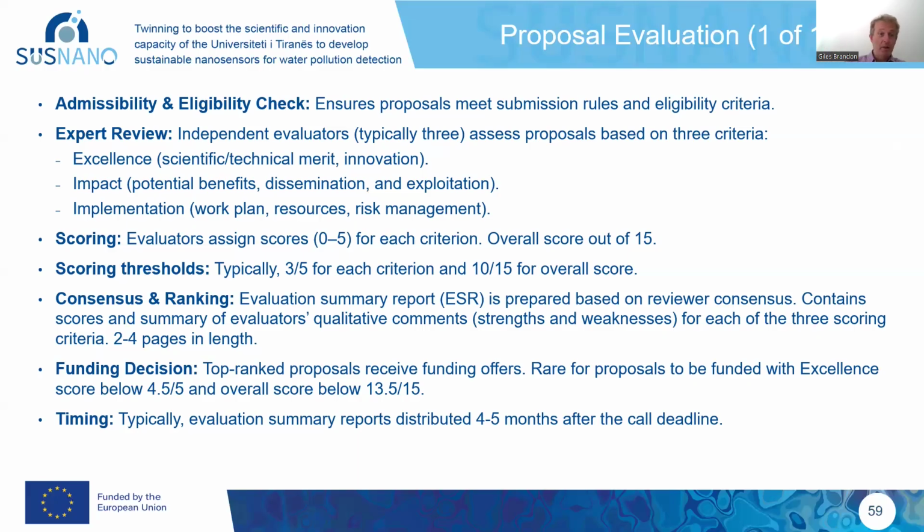These criteria tie up with the different sections of the Part B. So there'll be an assessment for excellence, an assessment for impact, and an assessment for implementation. For the scoring, the evaluators will assign scores from 0 to 5 for each of those criteria. So a maximum score of 15 is achievable, yeah?